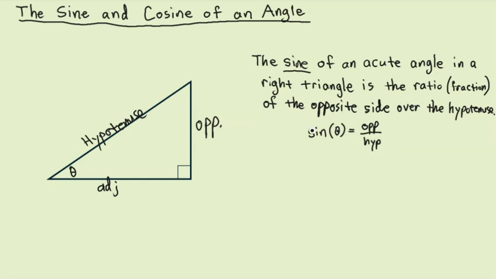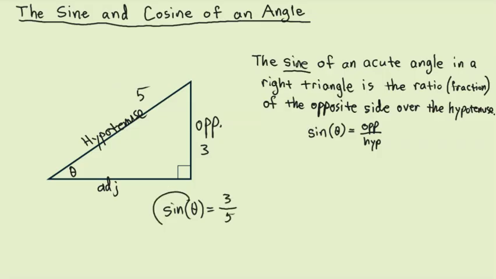Let's say the length of this side right here is 3, like we had before, and the hypotenuse is 5. Then the sine of theta in this case is equal to the opposite side, 3, divided by the hypotenuse, 5.